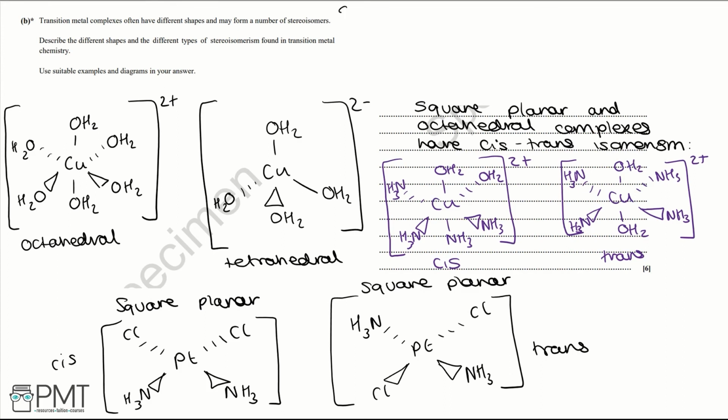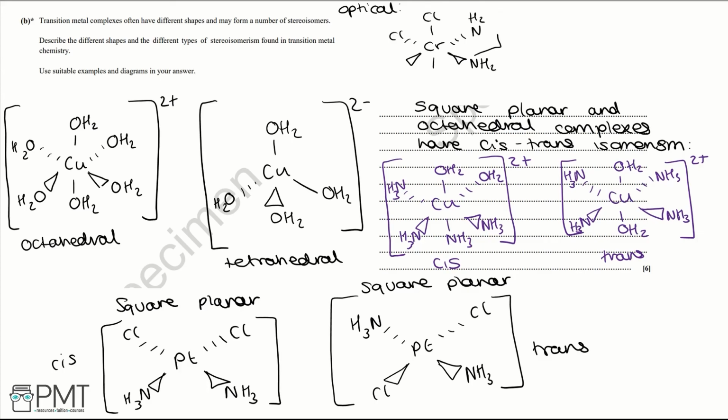The last isomerism we need to talk about is optical isomerism, and this occurs when you have a bidentate ligand. So if we have chromium, we can have 2 chlorines and then 2 bidentate ligands. So a bidentate ligand is when you have 2 lone pairs that can bond to your central metal ion.